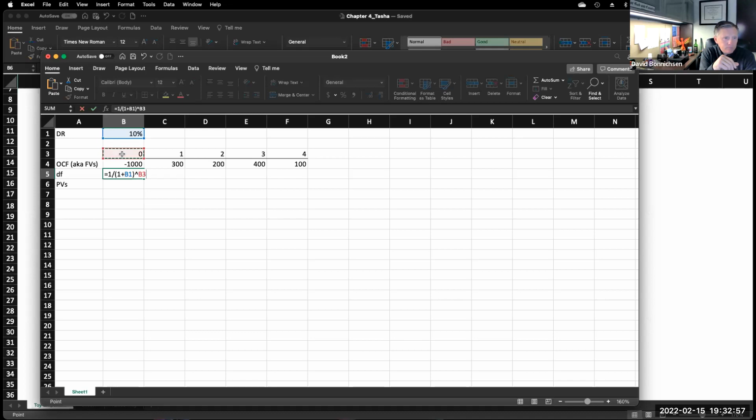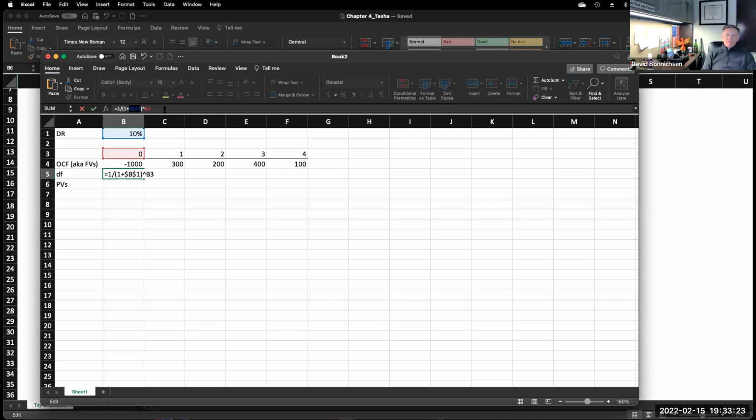Daniel: the dollar signs. I have to put the dollar signs in there because that fixes that cell. It doesn't allow it to move as I drag this formula. So I've just fixed it. It's always going to be 10%.